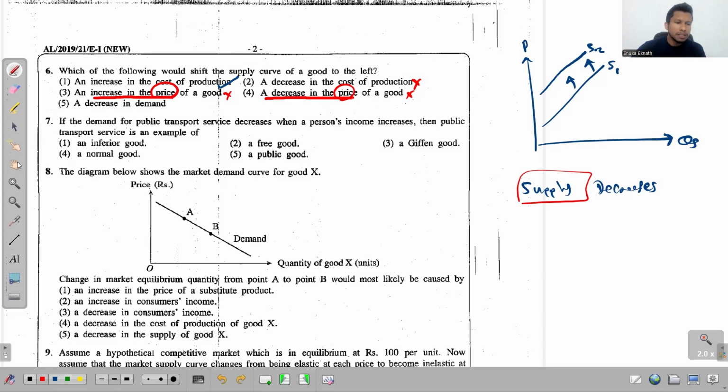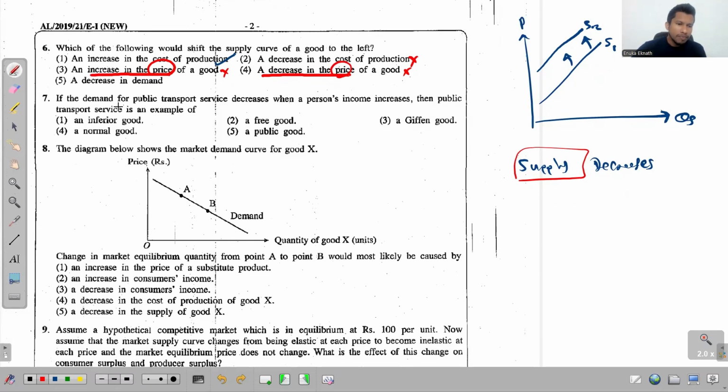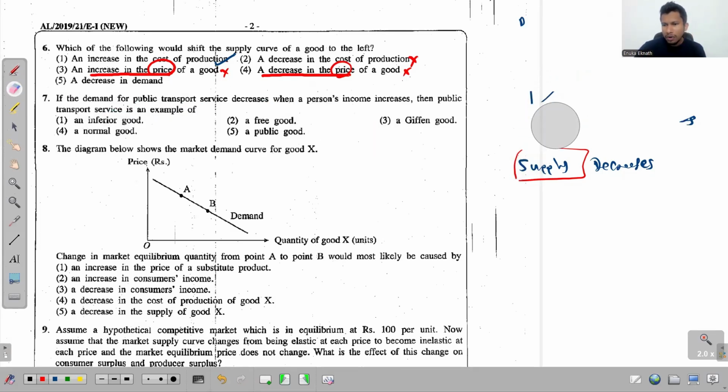Right. Now look at this question 7. It says, if the demand for public transport decreases when a person's income increases. See, we discussed this under question number 5. Hope you remember. Now what happens to the person's income? Income increases, right?